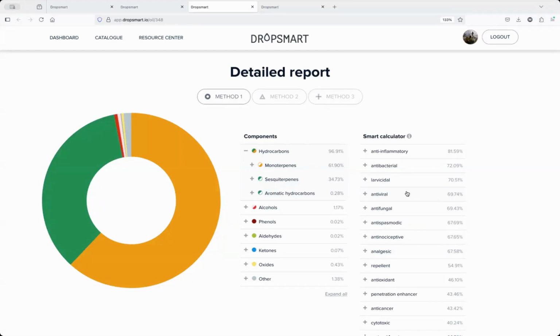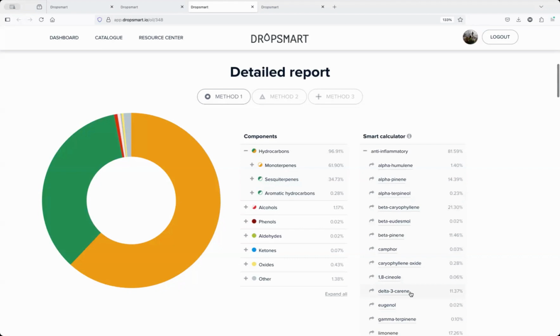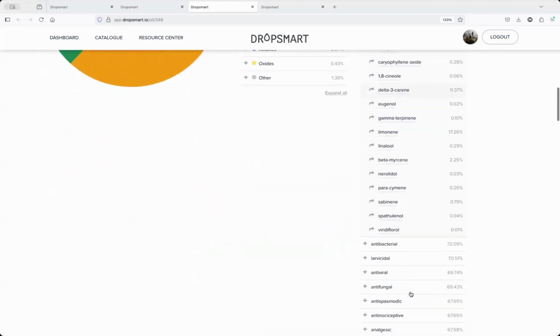So coming back to how I'm going to read this essential oil and explain it to somebody without knowing anything about it, I will say, by looking at how the chemical constituents in this essential oil come together, when they add up, we will see that we have over 80% of anti-inflammatory because all of these little guys added up.